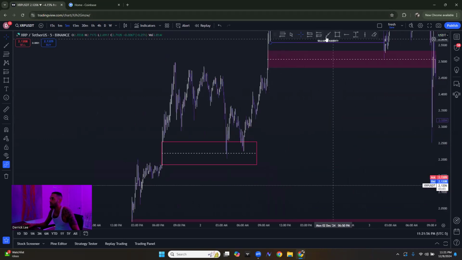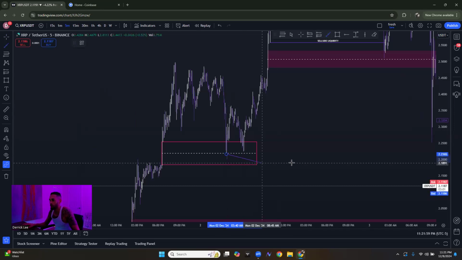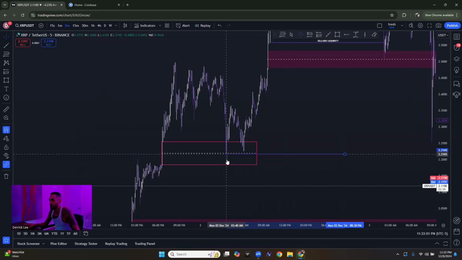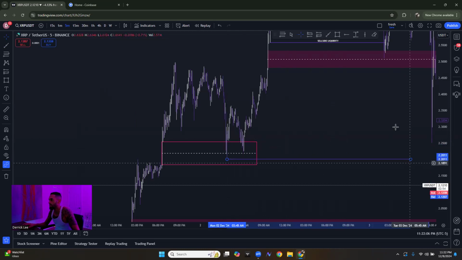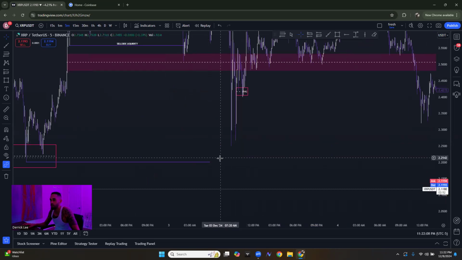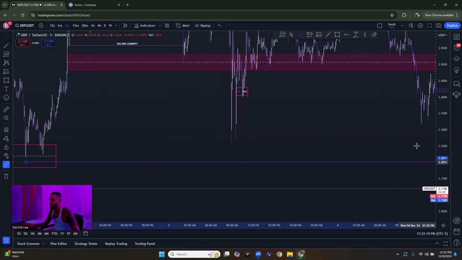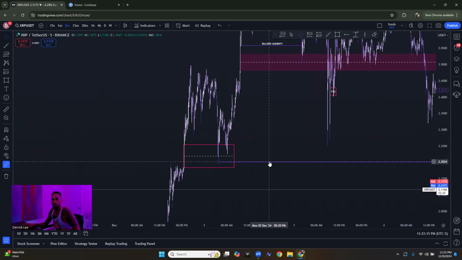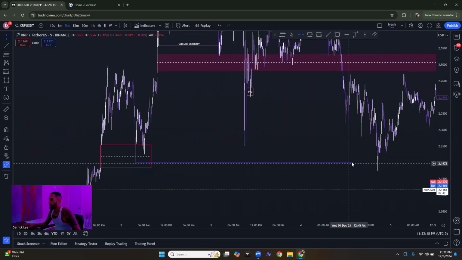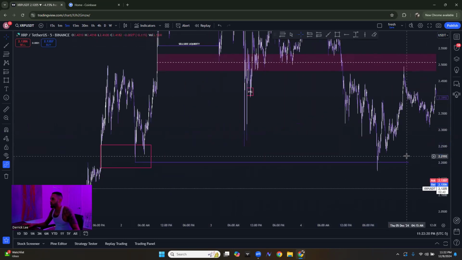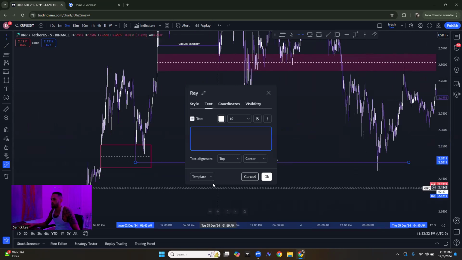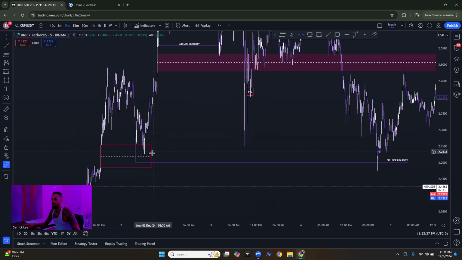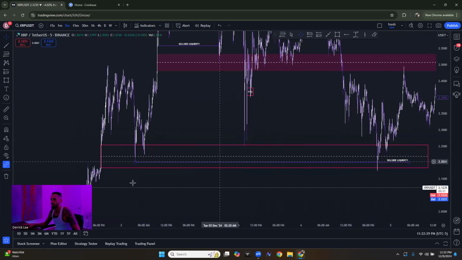So now that we have these relative equal lows right here, on top of these lows right here, I want to see, as an XRP holder, look at that. All it had to do was engage this sell side liquidity by filling in the rest of this inefficiency.